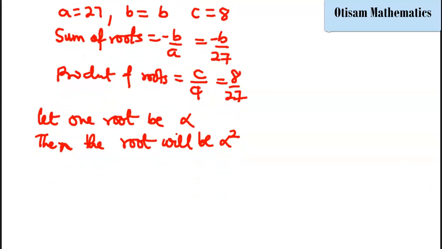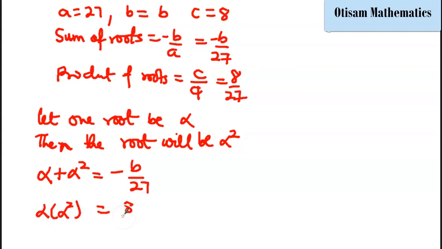So from symmetric function, we are going to find the sum of the roots. The sum alpha plus alpha squared is equal to minus b on 27. And then the product, alpha times alpha squared, is equal to 8 on 27.